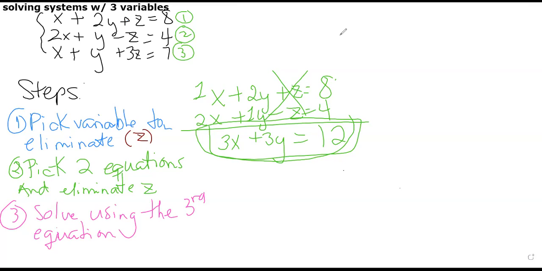So now I need to work with the third equation. I don't have a lot of room over here. So the third equation is x plus y plus 3z equals 7. Now, which of my other two equations do I want to use to cancel out that z this time? Equation 1 or equation 2?